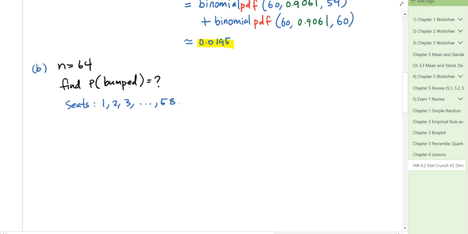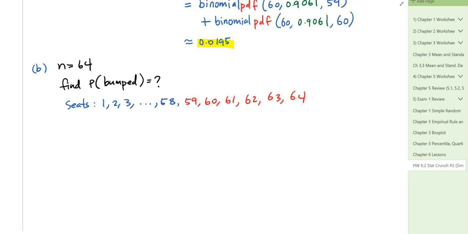However, if 59 show up, 60, 61, 62, 63, or all 64 of them show up, then there will be a bump. So for any number that's more than 58, meaning 59 or higher, there will be a bump. So if 59 or more passengers show up, then there's a bump.